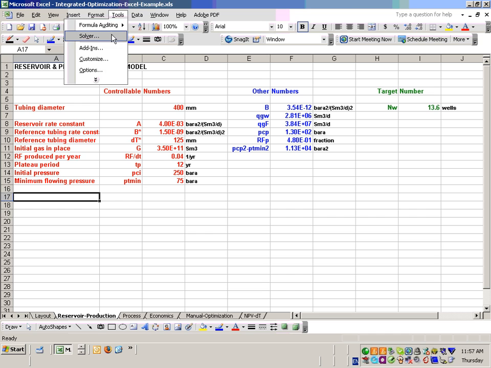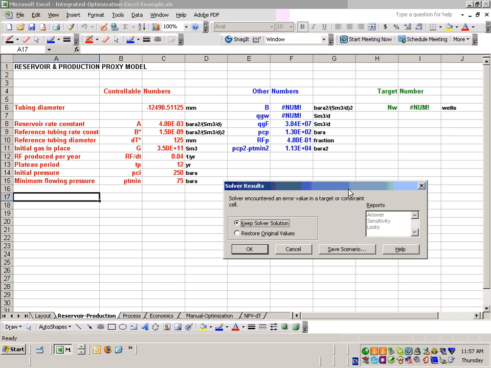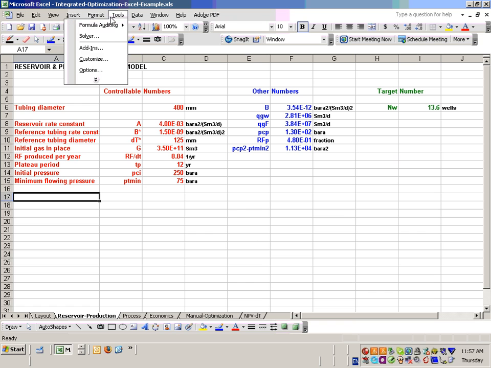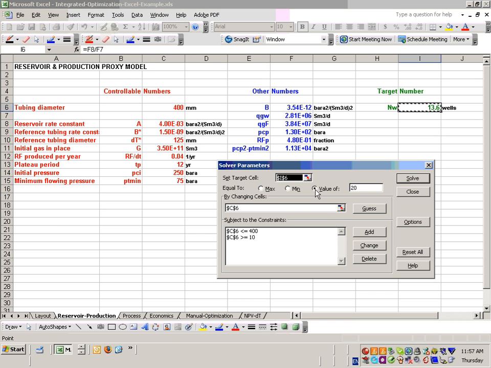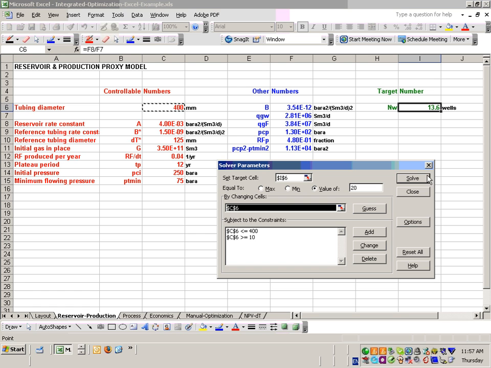So we go there, value of 20, by changing tubing diameter. Yeah, I think that's right.